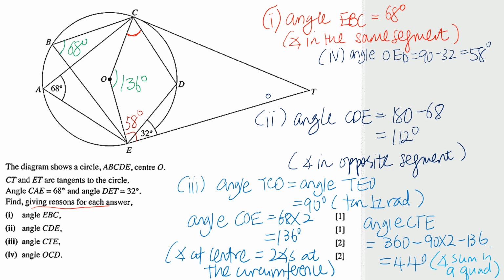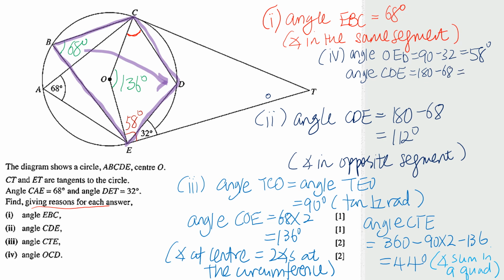All right, and then, this is also a cyclic quadrilateral, right? So this angle here will add up to be 180. So we can find angle CDE, which is 180 minus 68.